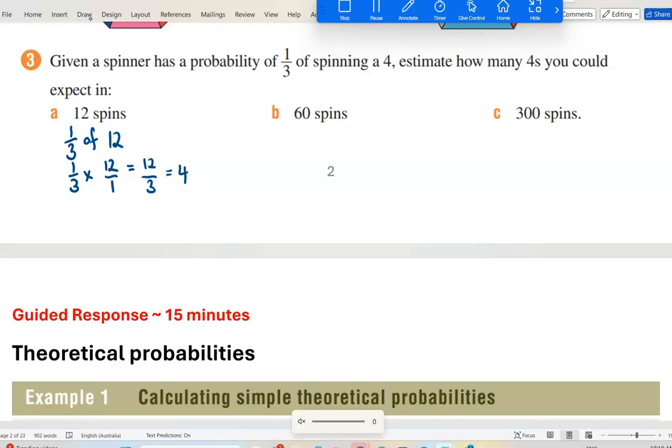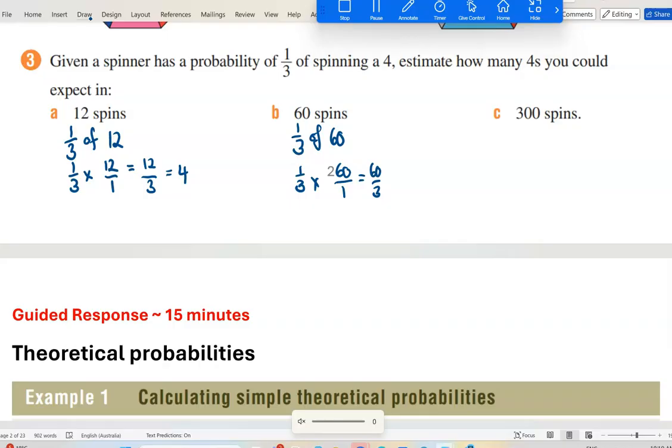So if I had a spinner and I had a third of a chance of getting a 4, if I spun it 12 times, I should get 4 of them, because a third of 12 is 4. So if we do the same here, a third of 60, I change the of to times. And then we would end up with 60 over 3, which equals 20.